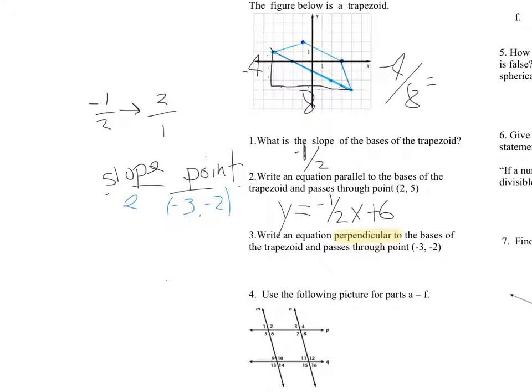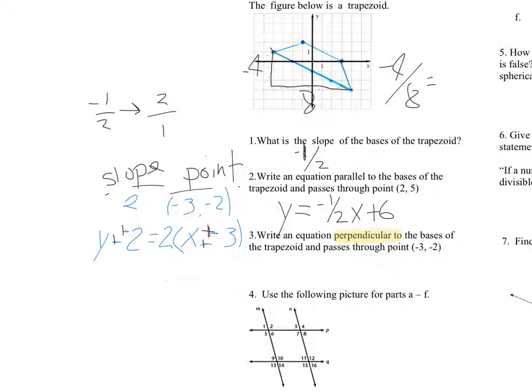And then just like before, set it up. So these minuses, or the negatives with the minus, are going to cause pluses here, but we'll do this first. y minus negative 2 equals 2 times x minus negative 3. That becomes plus.